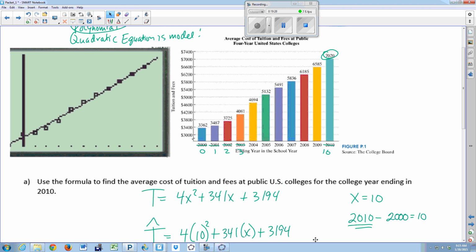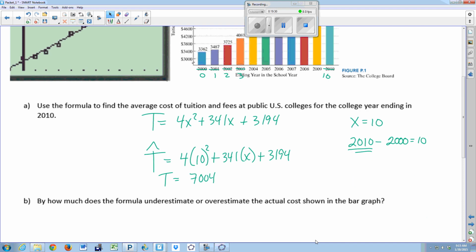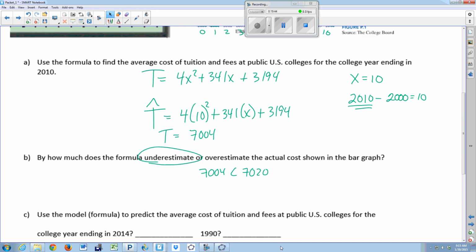So it's pretty close, isn't it? It's not bad. So this is what, an underestimate or an overestimate of the real cost? It is an underestimate because 7,004 is less than 7,020, and it underestimates it by how many dollars? $16, right? So it underestimates by $16.